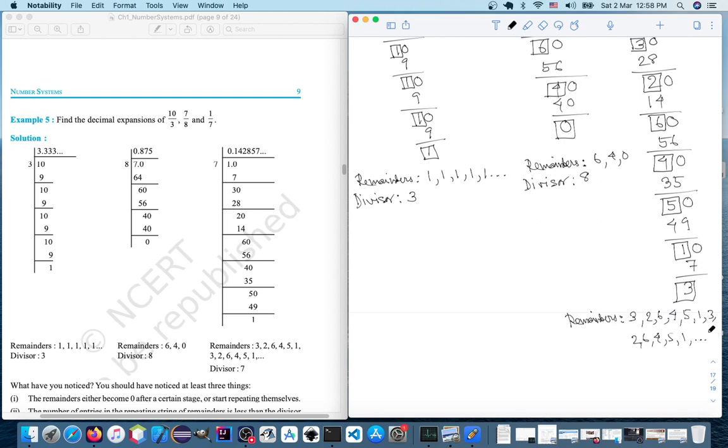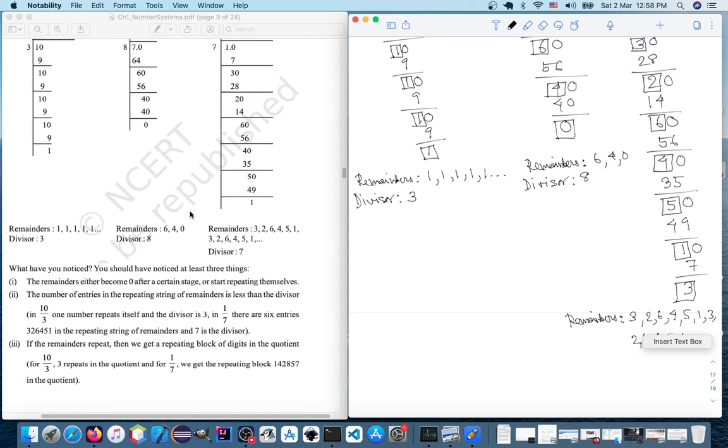Now the book says what we have noticed while doing the decimal expansion. We have noticed three things. These are all rational numbers. The examples we have taken are rational numbers.